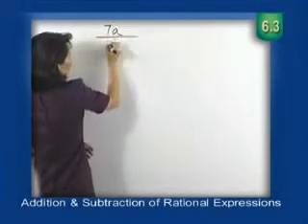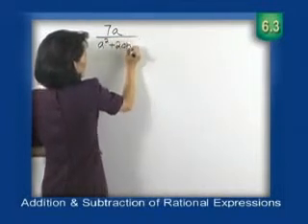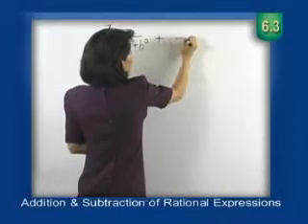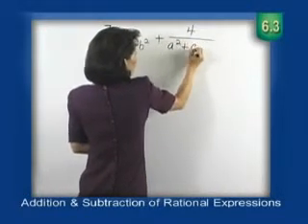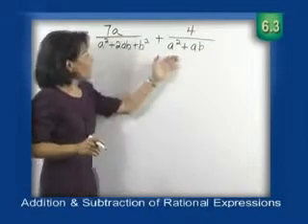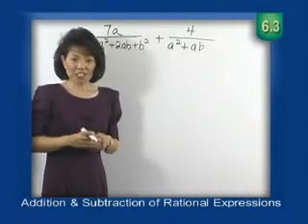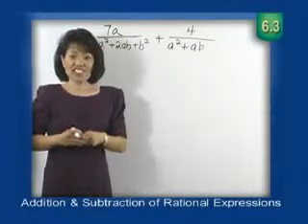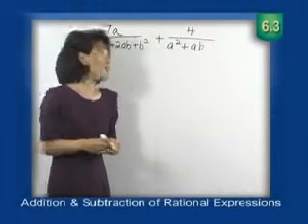Let's add 7a over a squared plus 2ab plus b squared. Add that to our second fraction, 4 over a squared plus ab. Now, right away, I'm sure you notice we do not have a common denominator. So our first job in adding these two fractions together is going to be to find that common denominator.